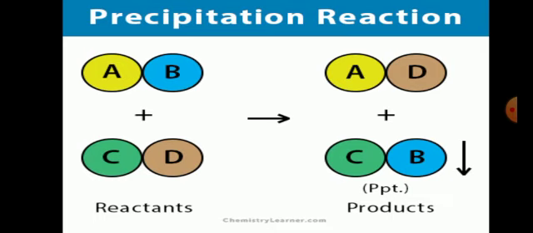So I have inserted an image here so that you can understand the precipitation reaction better. So please have a look at it. Okay, so I guess that you all understood this precipitation reaction well, and I hope that it was clear. So let me move on with the examples of this reaction.